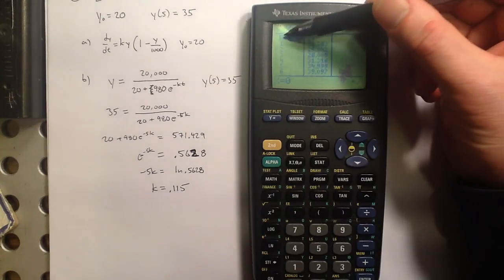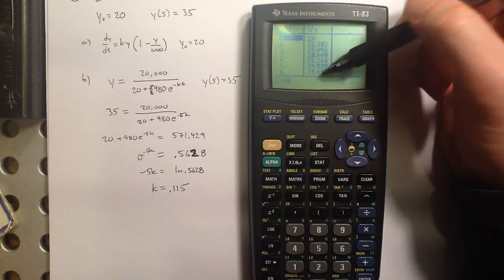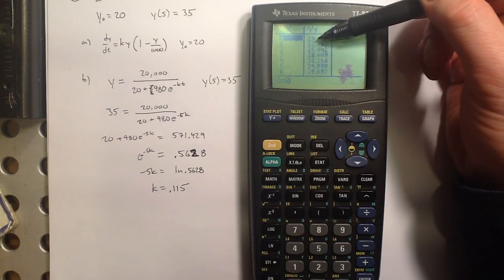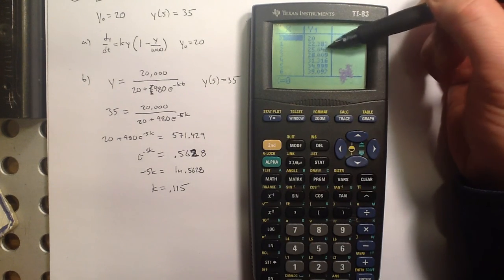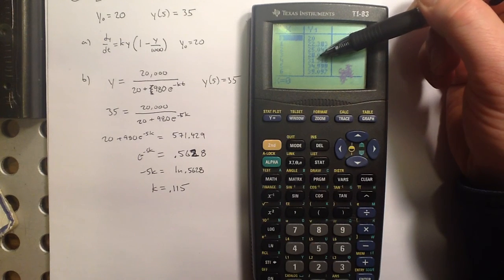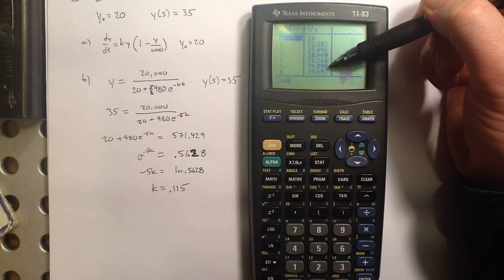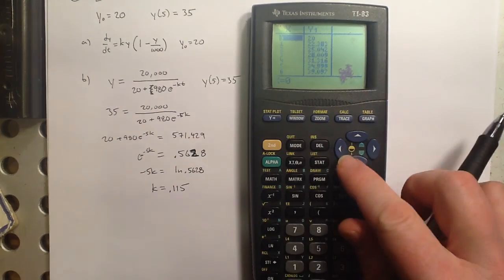And so you can see at time 0, these are our times, and this is how many kids have the flu. So at 0, there's 20, and then on day 1 about 22 kids, and 25 kids, 28, and so on. There's 34.999, right? We knew at time 5 it was supposed to be 35. That's a nice confirmation that we did it right.